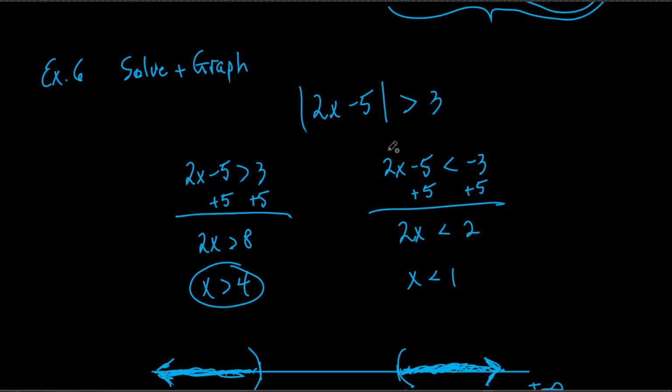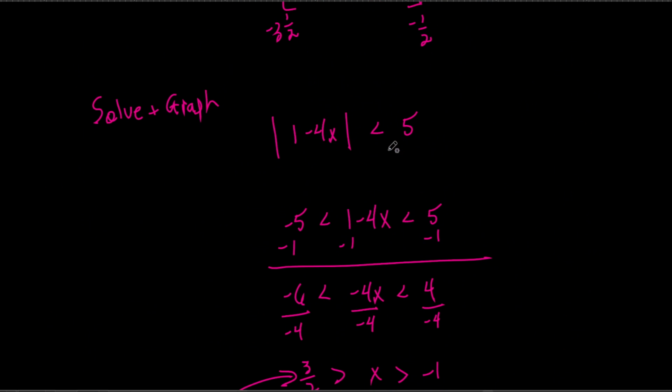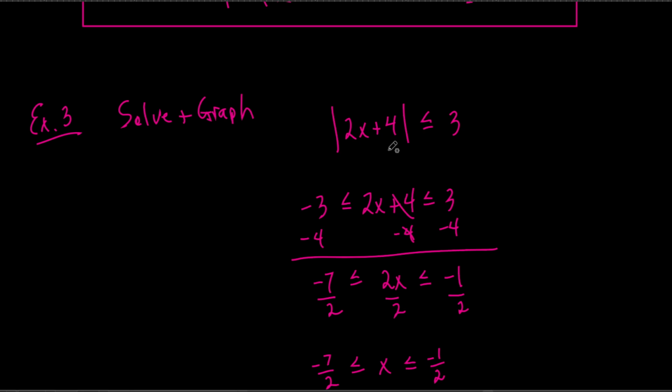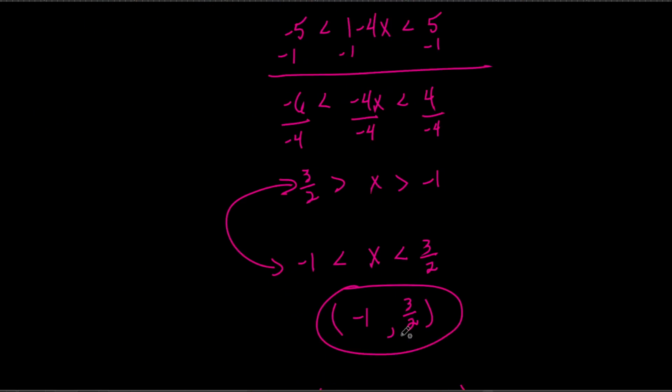When you had less than, what did you do? You stuck it in the middle, put a -3 on the left, +3 on the right, and then you just solved it. Those are basically the two things that we learned today.